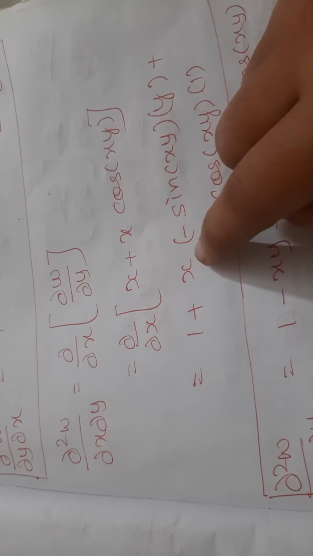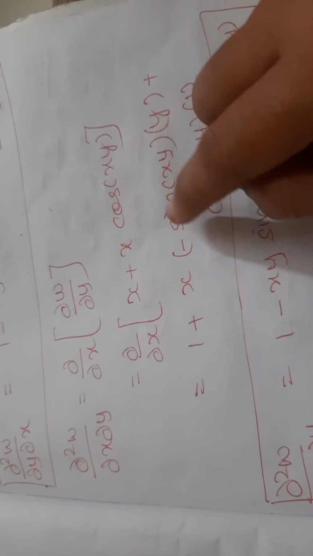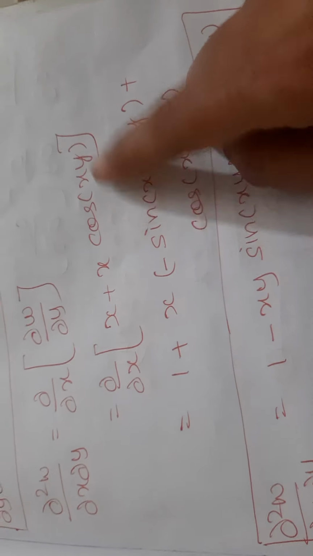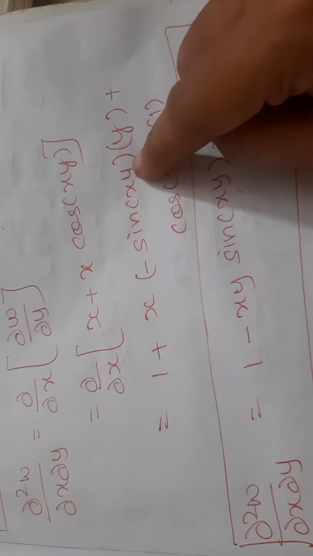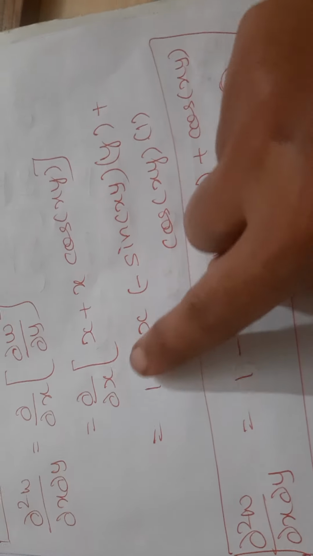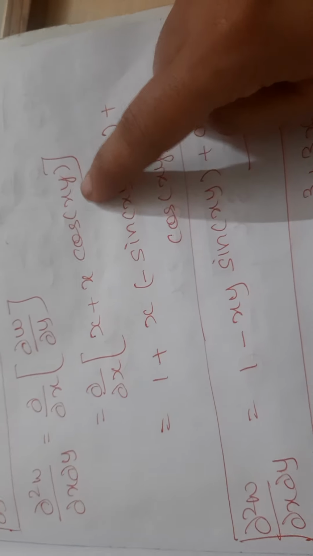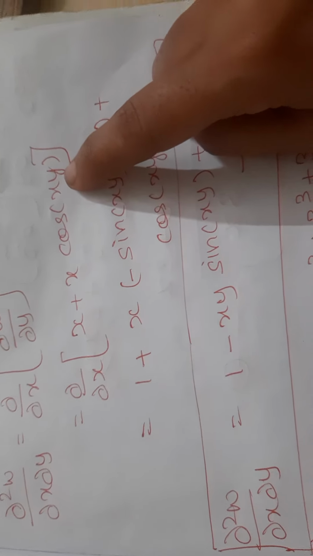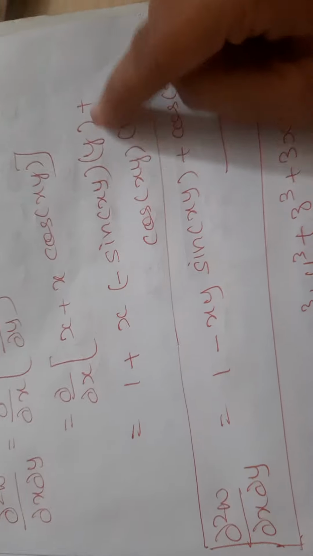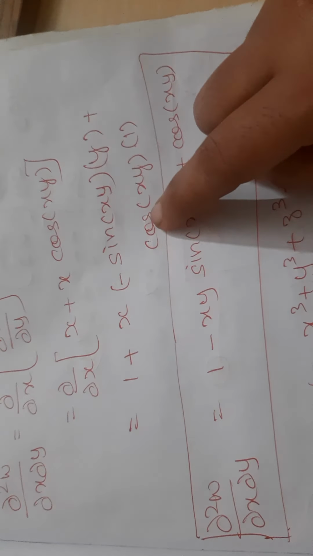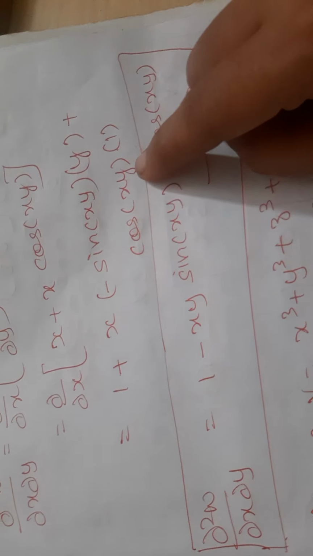So first function I want to keep as it is. Second function I want to differentiate, that is cos xy. Cos xy means minus sin xy. So this inner term must be differentiated with respect to x. So xy, if you differentiate with respect to x partially, you will get y, plus the second term you want to keep as it is, cos xy.